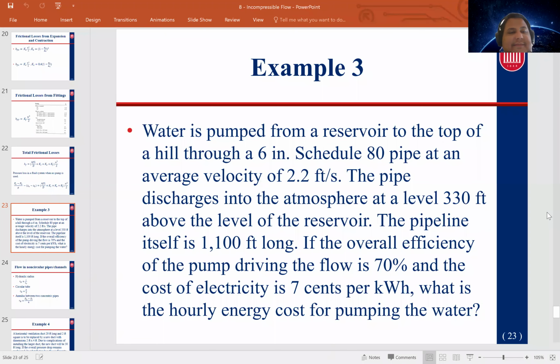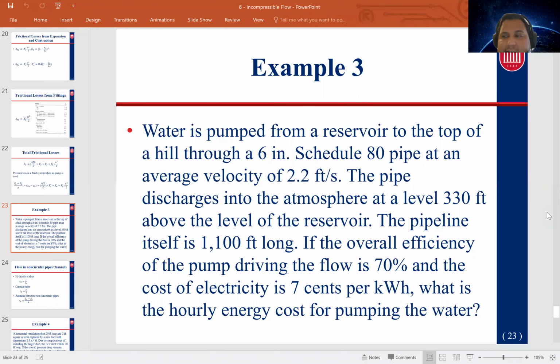So this is kind of a fully fledged mechanical energy balance for fluid mechanics problem, where you have to develop your mechanical energy balance, identify the pertinent variables that can be neglected and which must be calculated to solve for your work. And since we have to include friction, we also have to calculate the source of friction and incorporate that into our work calculation, which then with that in mind, we can solve for power.